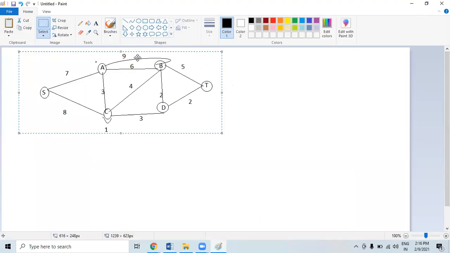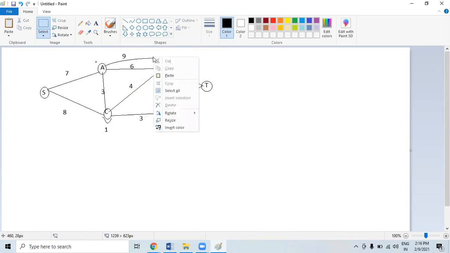Okay, so here a loop is there, so we have to remove this one. We have to remove this loop.